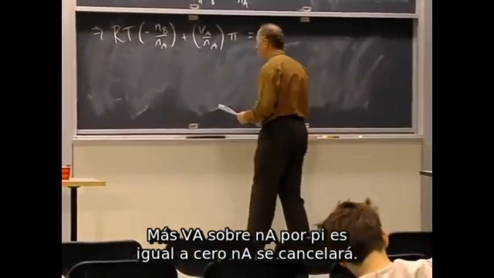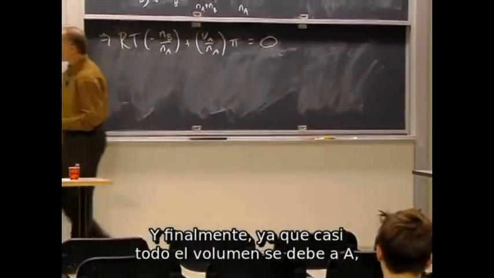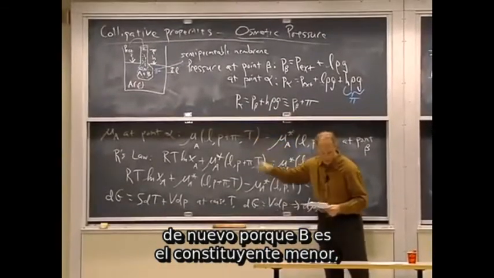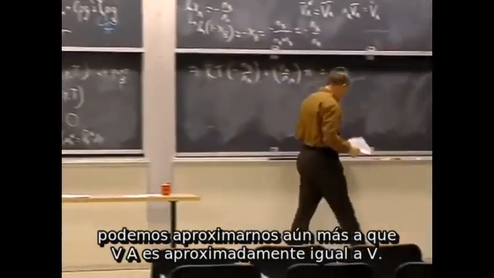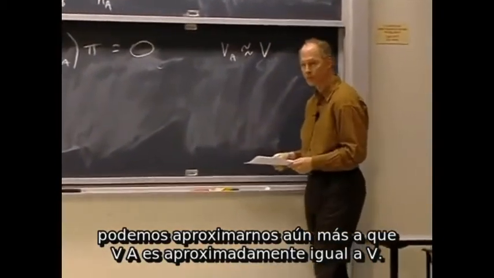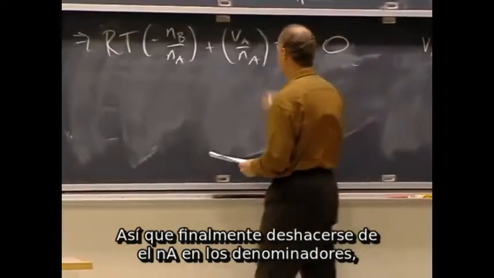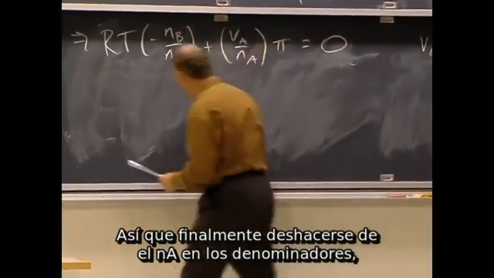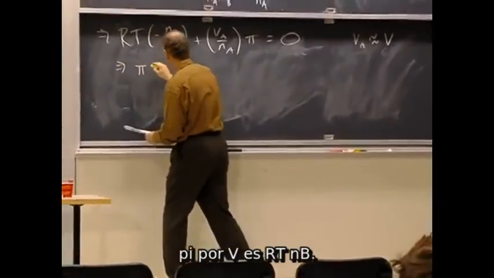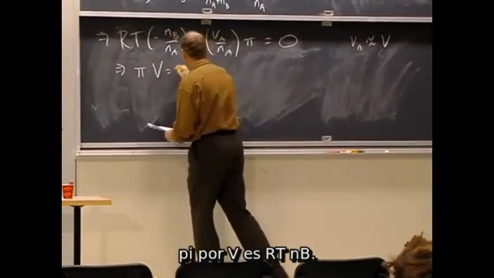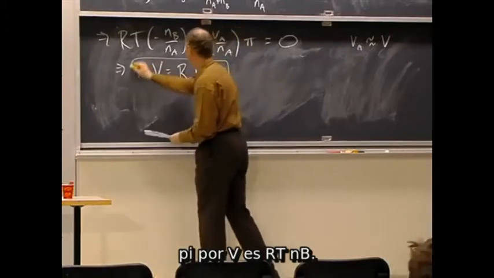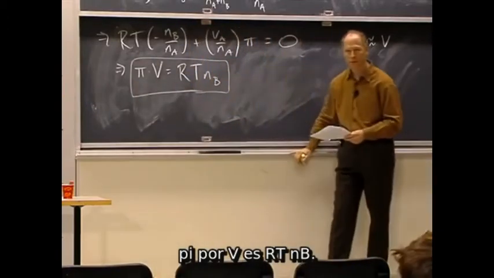NA will cancel. And finally, since almost all the volume is due to A, again because B is the minor constituent, we can approximate further that VA is approximately equal to V. All right? So finally, getting rid of the NA on the denominators, we're left with a simple expression. Pi times V is RT NB.